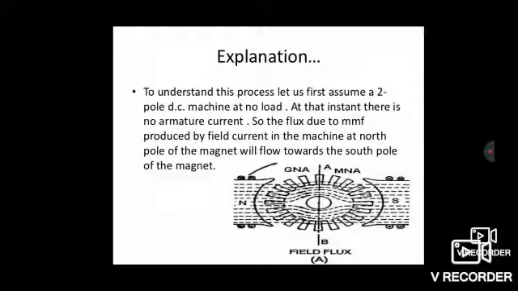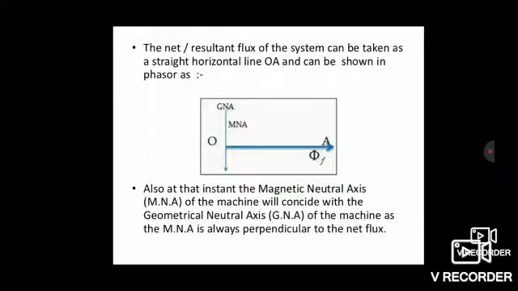All the flux is linked from the north pole to the south pole. The net or resultant flux of the system can be taken as a straight horizontal line OA seen in the figure. Also, at that instant, the magnetic neutral axis, that is MNA, of the machine will coincide with the geometrical neutral axis. They are in the same direction, as the MNA is always perpendicular to the net flux.